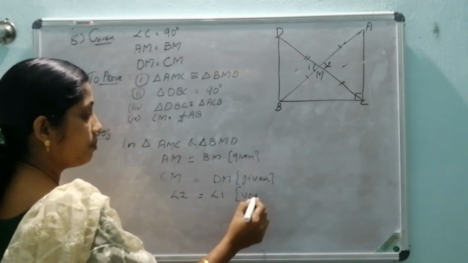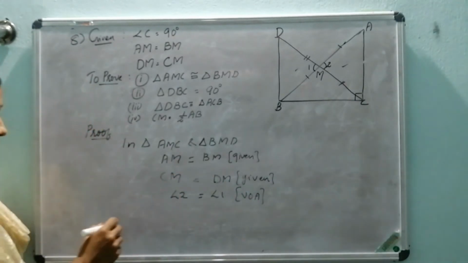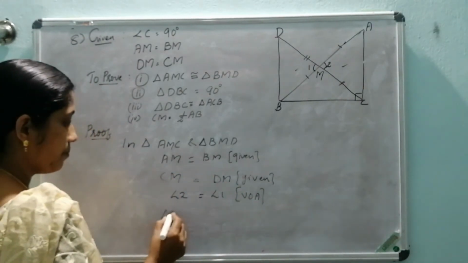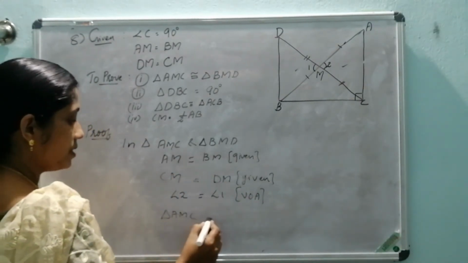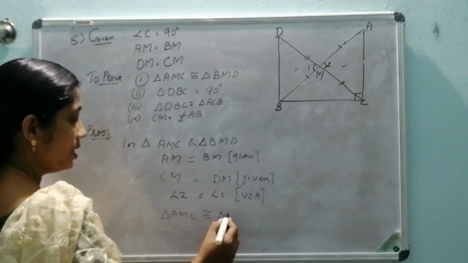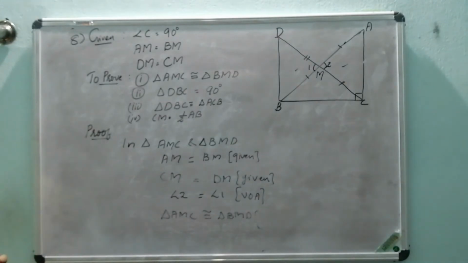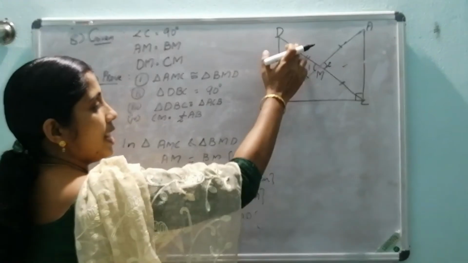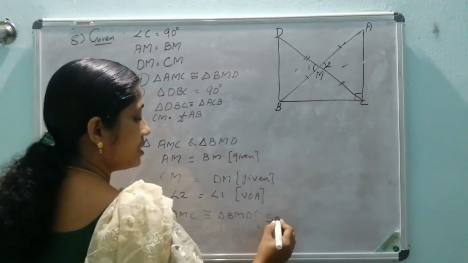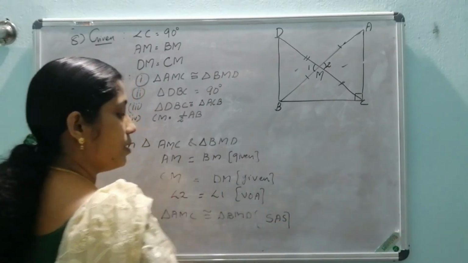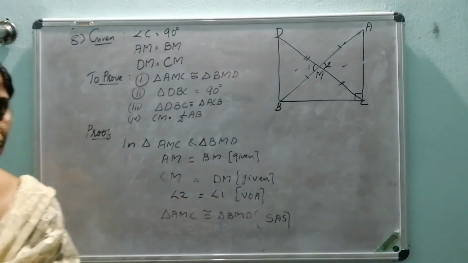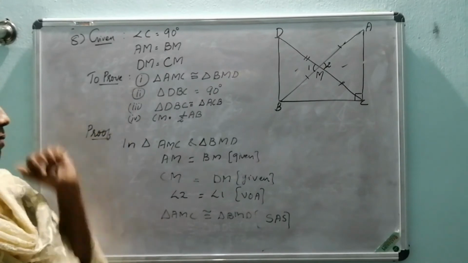Reason, vertically opposite angles. Thus we can say that triangle AMC is congruent to triangle BMD. Reason, look here, two sides and included angle. So it is SAS. By SAS congruency, we can say that the two triangles are congruent. So the first part is proved.